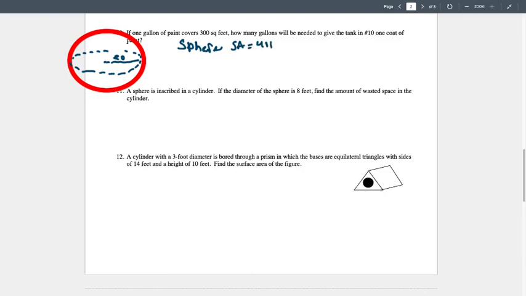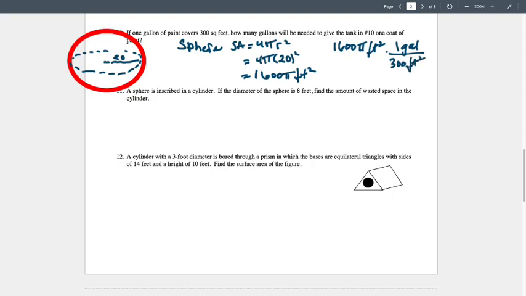That formula is 4 pi r squared. Again, we found out our radius was 20, so 20 squared. 20 when you square it is 400, and 400 times 4 is 1,600, so 1,600 pi, and that's going to be feet squared. All right, so that's our surface area. Then we're told 1 gallon covers 300 square feet.